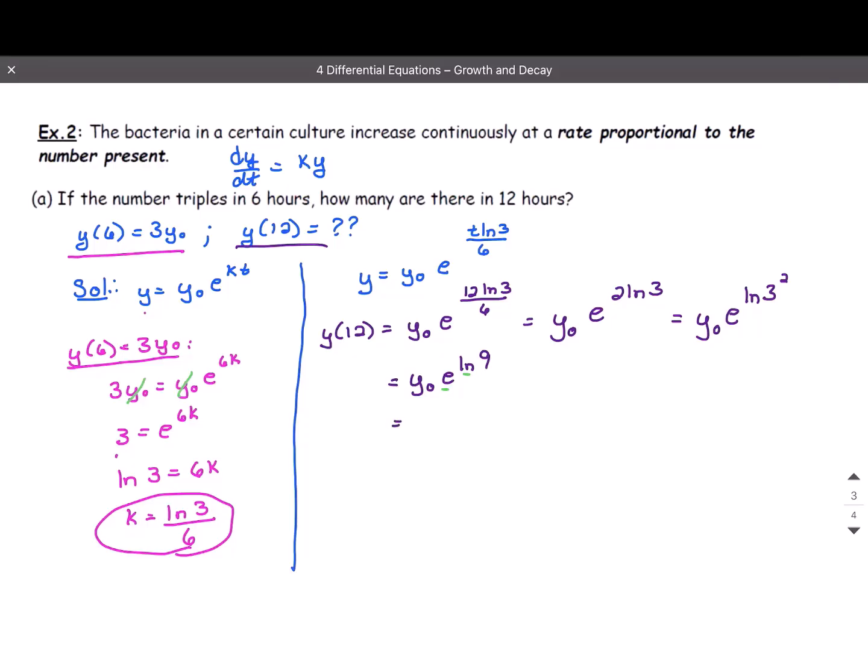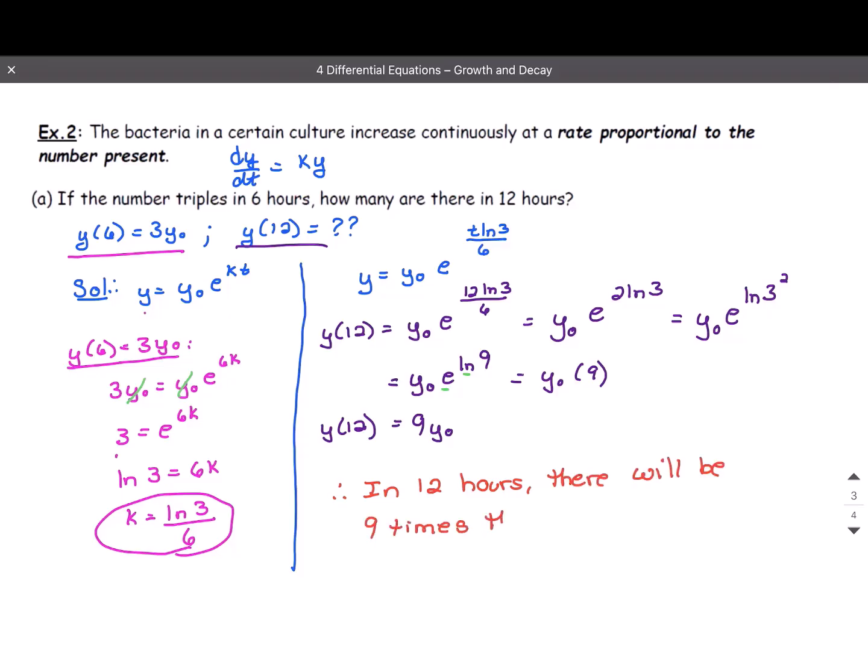So this just becomes y naught times 9, or 9y naught. So y of 12 is 9y naught. What does that mean for us? That means in 12 hours, there will be 9 times the original amount of bacteria.